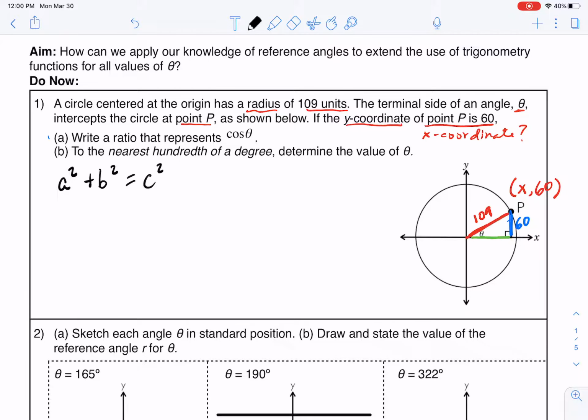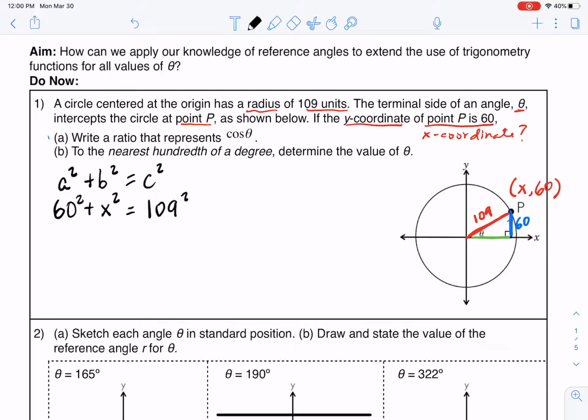Our hypotenuse here is the same as our radius, so that's 109 squared equals, now a and b, it doesn't matter where I put those in the equation, but I'll go ahead and label 60 as side a, so that'd be 60 squared plus side b, which is our unknown, our x value, that is going to be here, x squared. So our equation reads 60 squared plus x squared equals 109 squared.